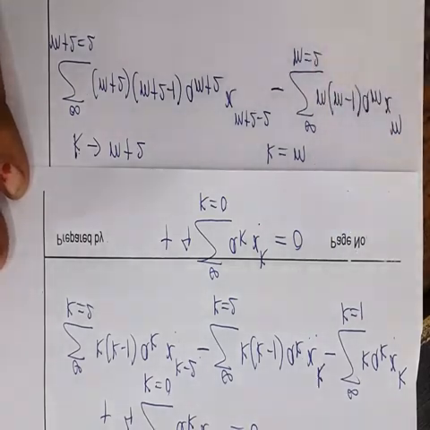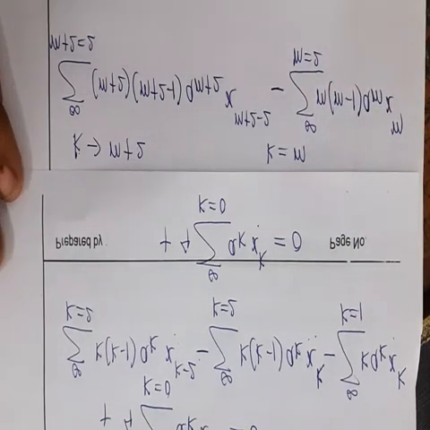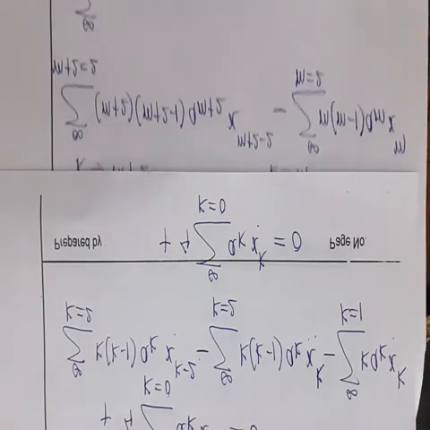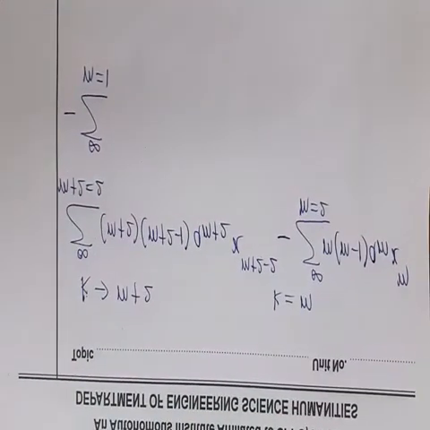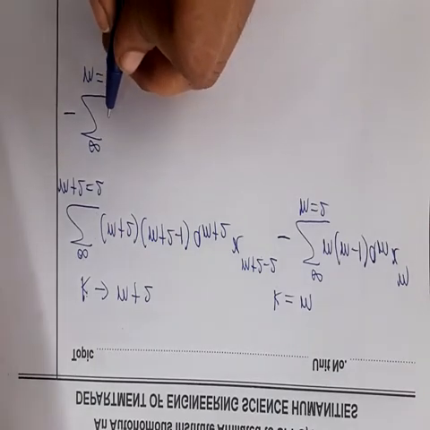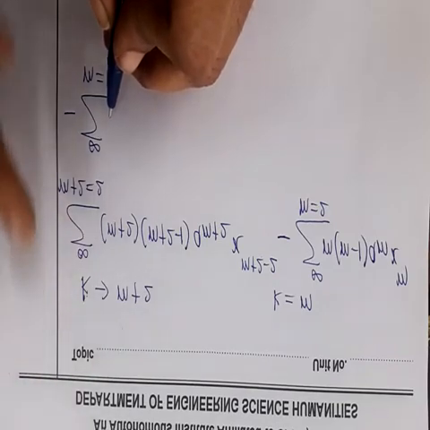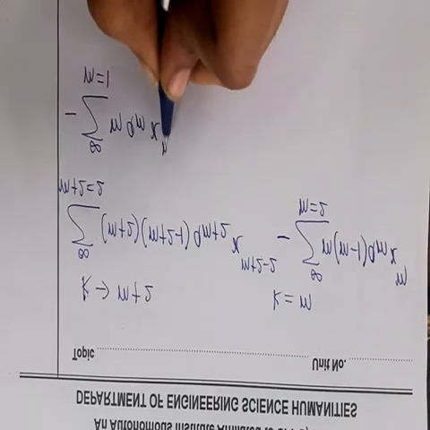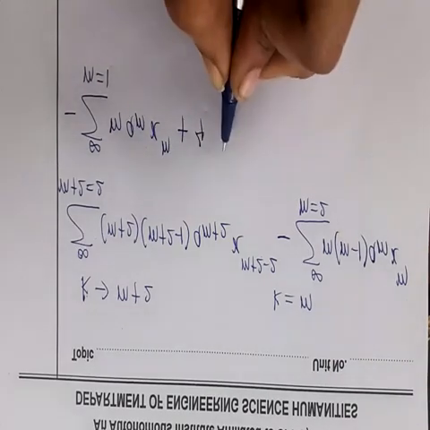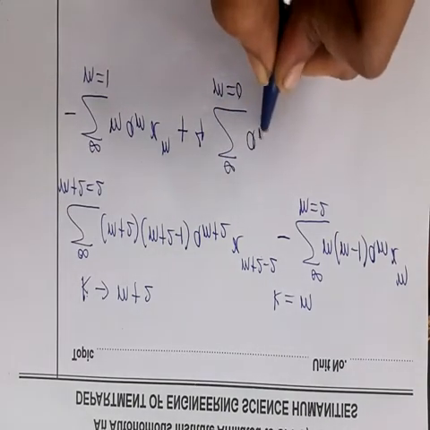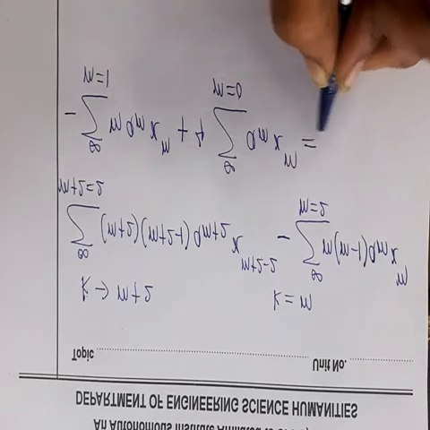The third term is minus summation m is equal to 1 to infinity m multiplied by am x to the power m, plus 4 times summation m is equal to 0 to infinity am x to the power m. This is equal to 0.